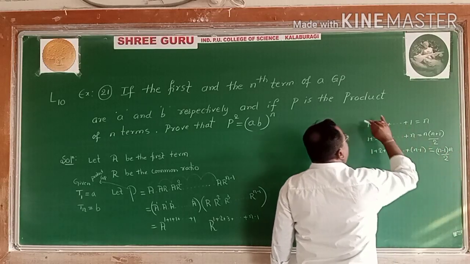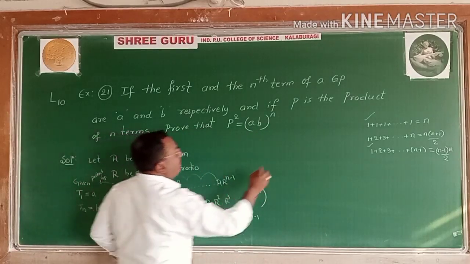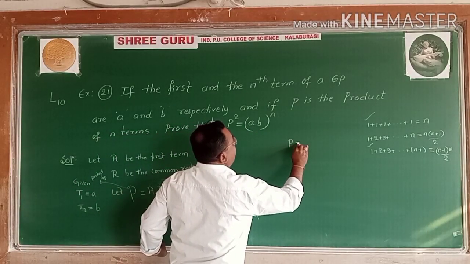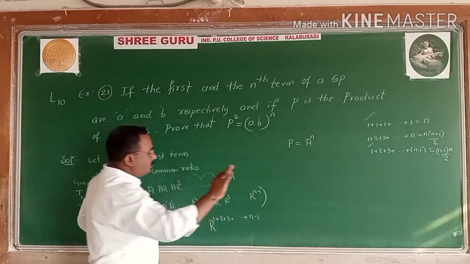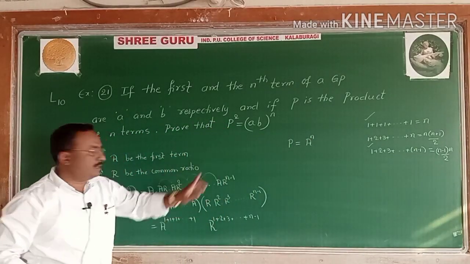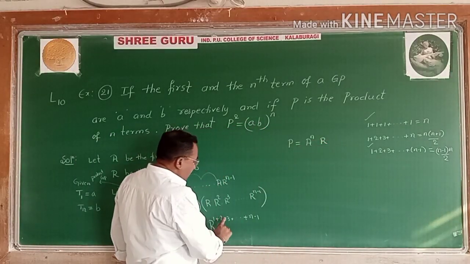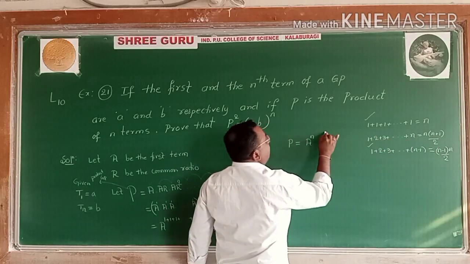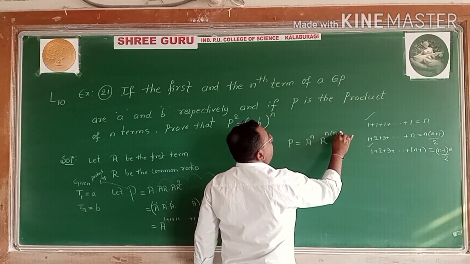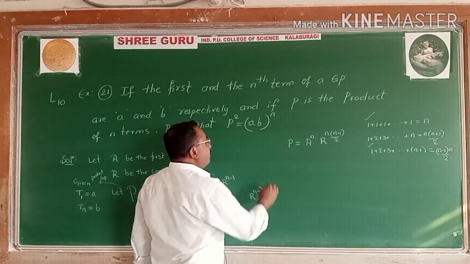These two formulas apply here. So P is a to the power n, times r to the power n into n minus 1 divided by 2.